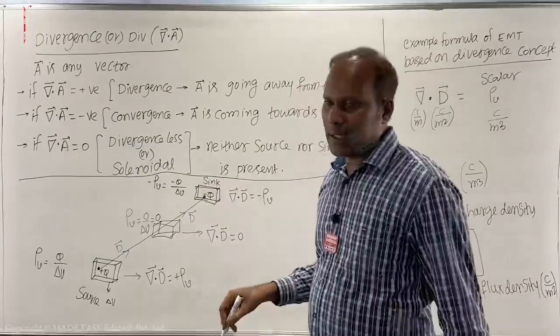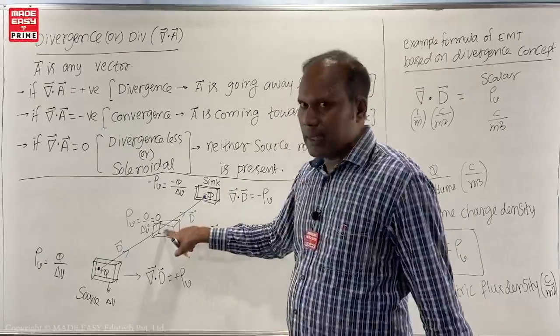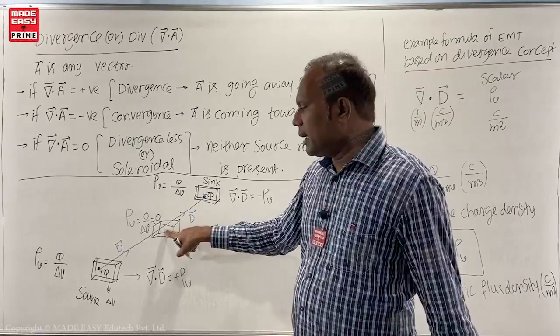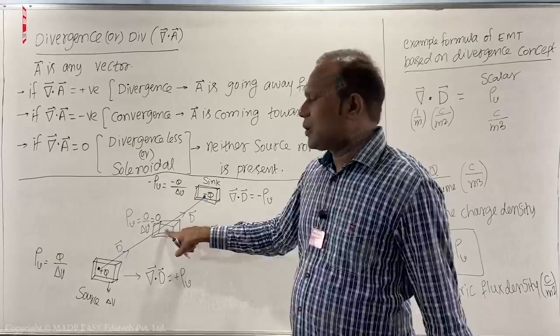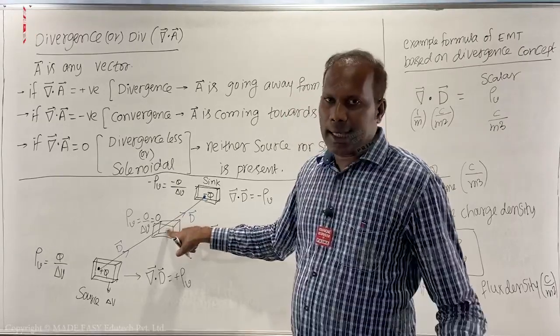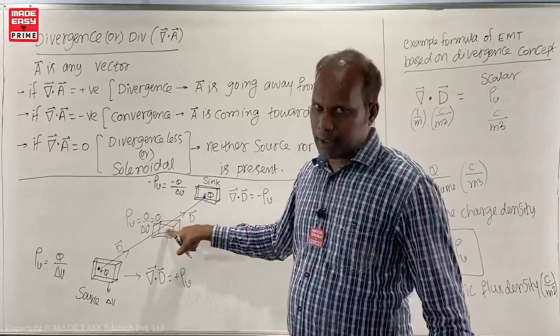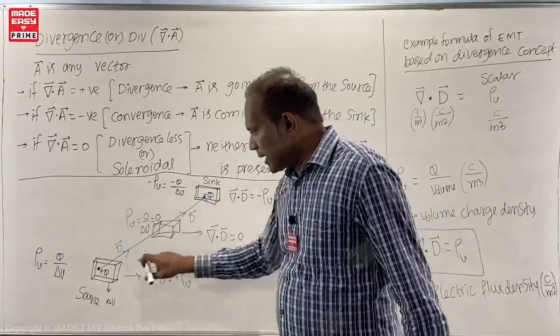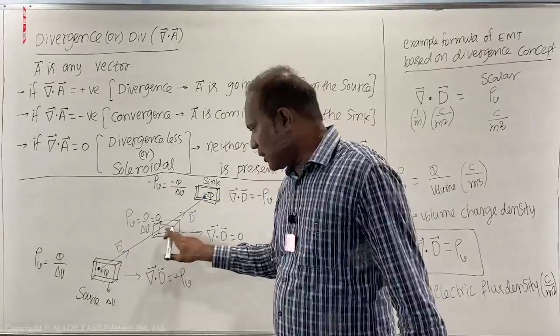Then if I take the divergence of D bar at this location, the answer is 0. It means that inside this volume neither positive charge nor negative charge is there, neither source nor sink. So D bar cannot be generated from this location, and cannot end at this location. The D bar going here is coming from that source, not from this location.